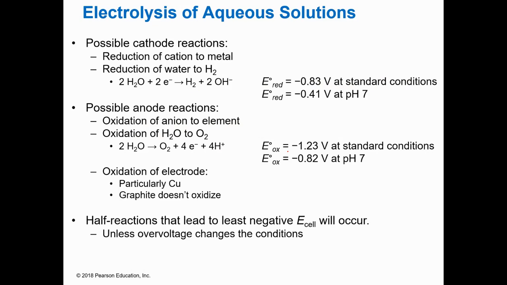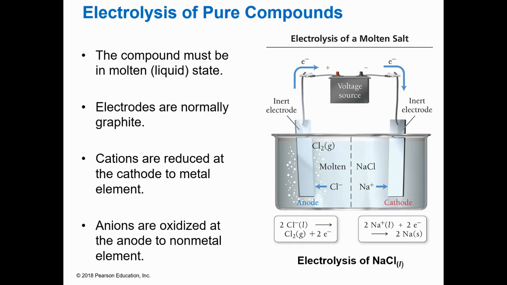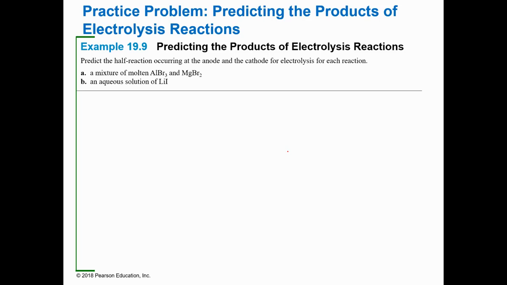Here's just it walking you through some, but again, you're not going to have to do any calculations. And sometimes they do this with salts as well, but they're molten salts, so they're in a liquid state instead of in that dissolved state. Okay, it wants you to predict the half reactions, but you're not going to have to do this, so we're just going to keep going.